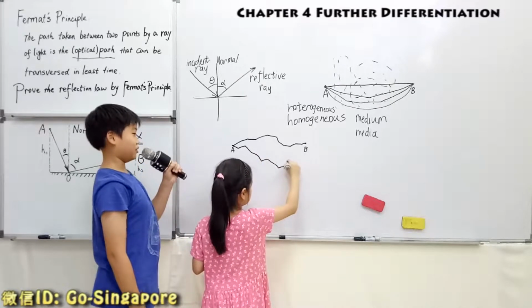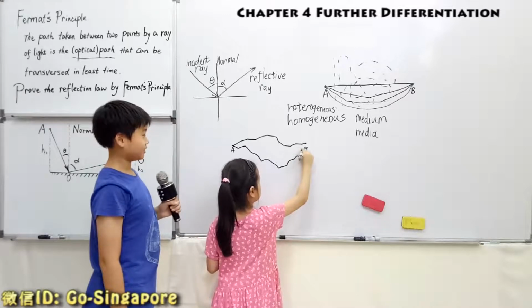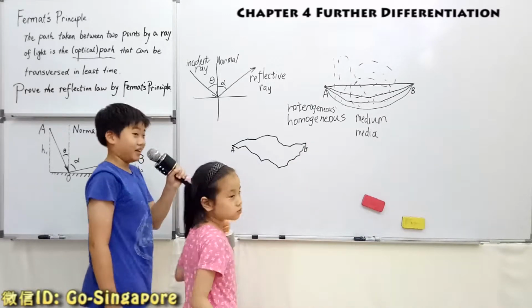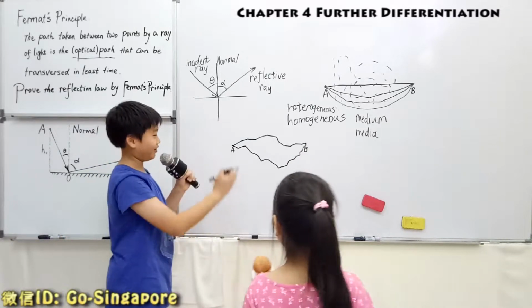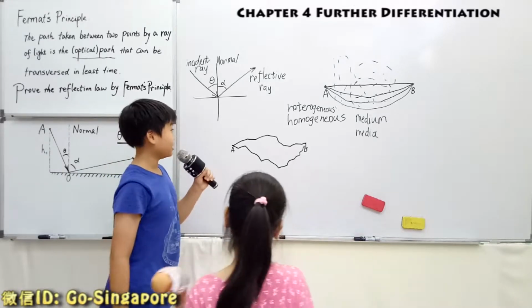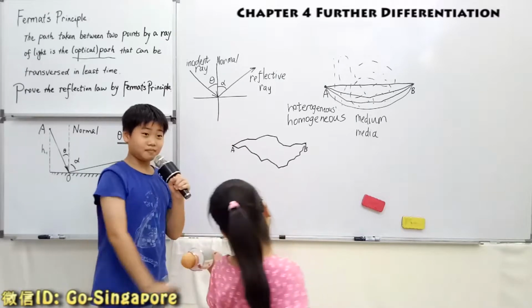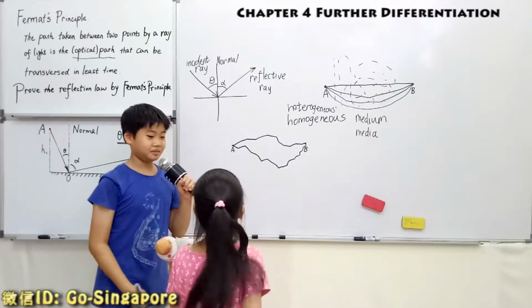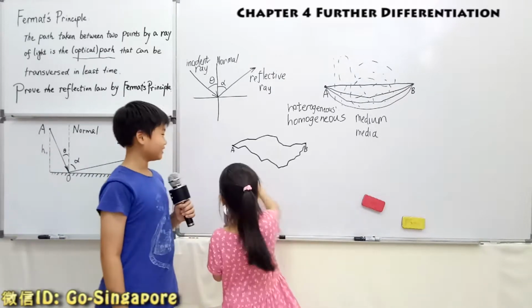Let's draw it more quickly. It can be quite weird, right? So actually heterogeneous has many types.